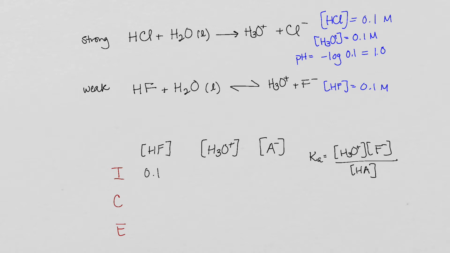So what we would do is we'd say approximately 0, and then our fluoride ion would be 0. And then one of two things will happen when you solve these problems. You'll either know what your Ka is, and then you can solve for this, or if you know what your final pH is, because you know what the concentration of this is at the end, you could calculate your K value. So let's do an example.